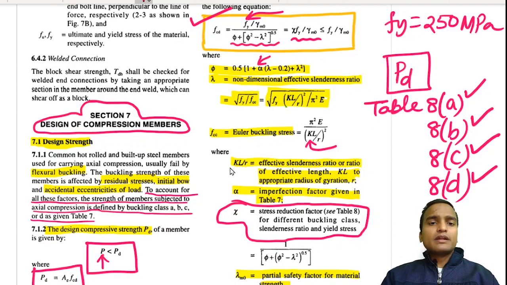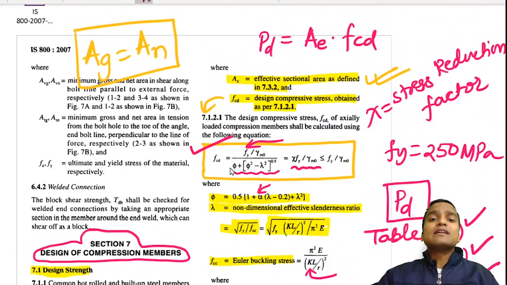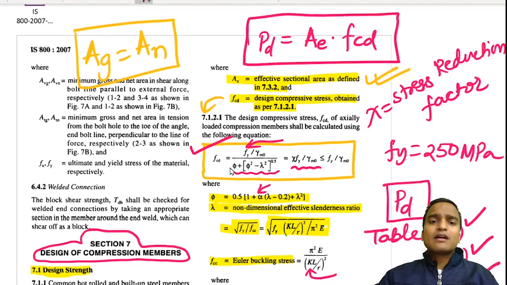We only have to calculate the buckling class first of all, and then we have to get the imperfection factor alpha, and then we have to calculate the slenderness ratio, and then follow all this approach, and then calculate the value of FCD. Then we have to multiply this FCD with the effective sectional area or the gross sectional area of the cross section, and then we will get the design compressive strength of the member.